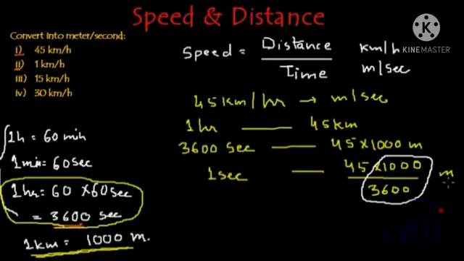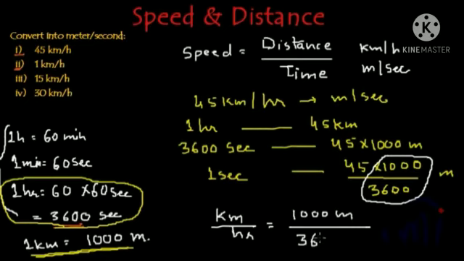If you see this fraction properly, we are multiplying while converting kilometer per hour into meter per second, right? See here, kilometer per hour. 1 kilometer is equal to 1000 meters and 1 hour is equal to 3600 seconds.